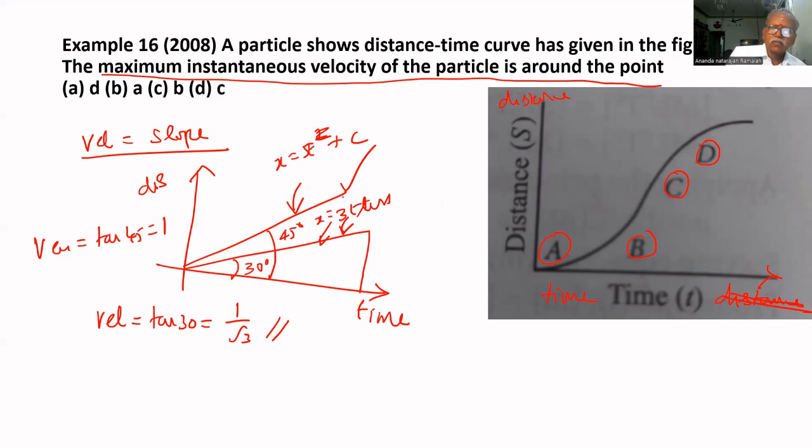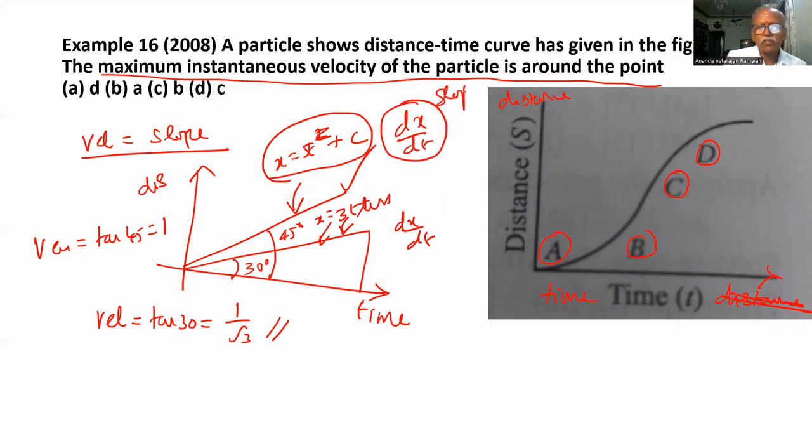If they give an equation, then we have to differentiate and find the velocity. Already we have seen that it is dx by dt. Here also we have to find dx by dt if the equation is given. This also gives slope.